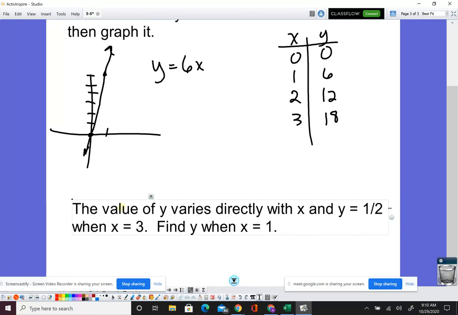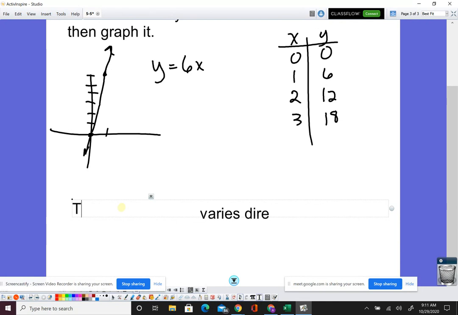Okay, so because we know that it's a direct variation right there, we know that we're going to have a y-intercept of 0. What did I do? I have to do my undo on my back. Let me retype that. It's just going to be easier. Sorry, guys.